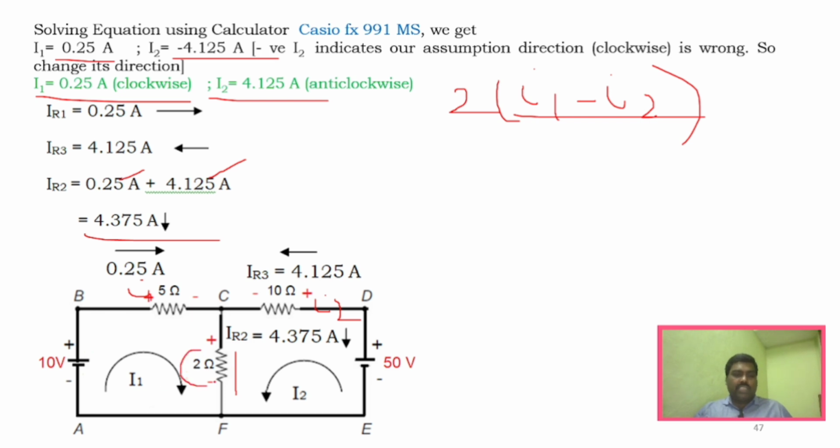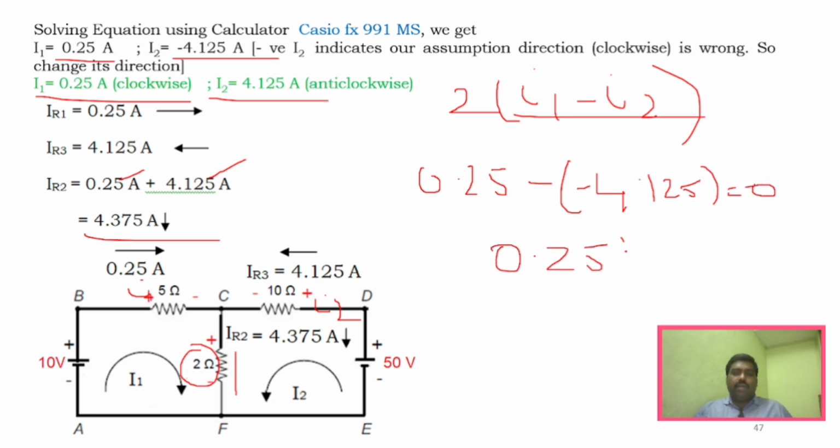So if I1 is 0.25 and I2 is minus 4.125, obviously it becomes addition, 0.25 plus 4.125, which is 4.375.